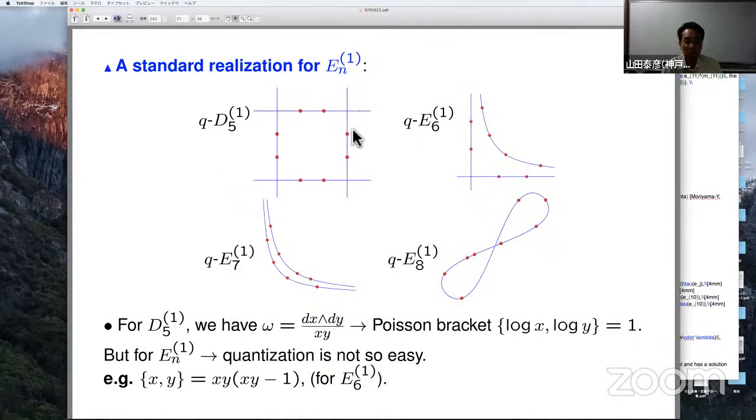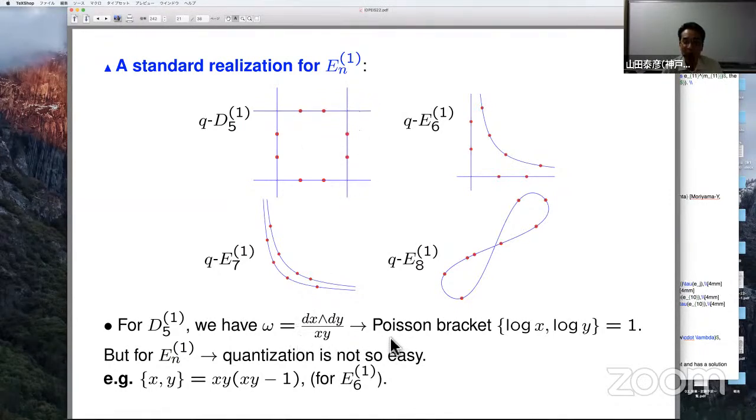And in this configuration, we have the curves in green and blue lines, and these curves describe the pole divisor of the symplectic form. In the D5 case, the divisors are nothing but the horizontal and vertical lines.